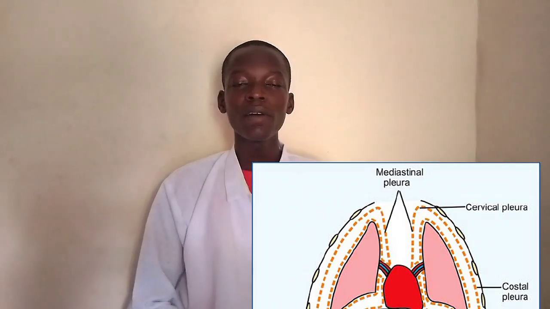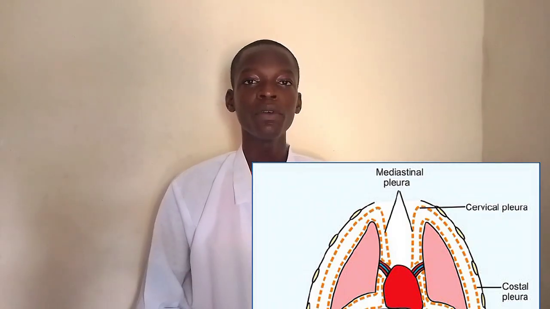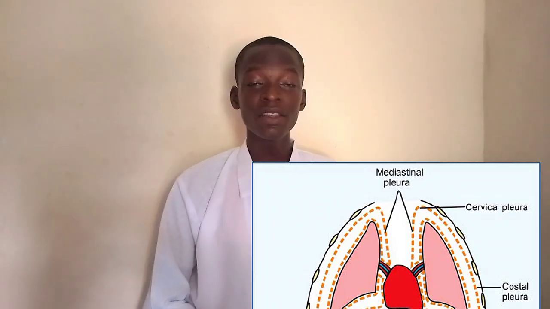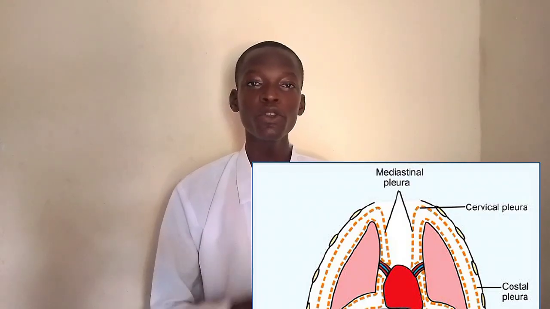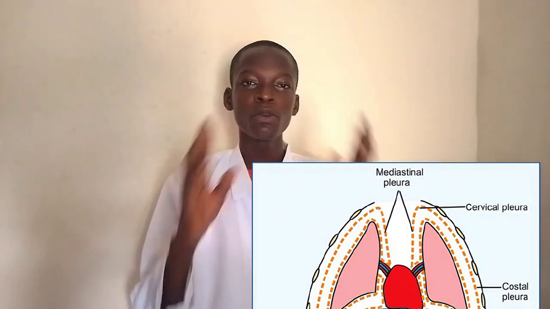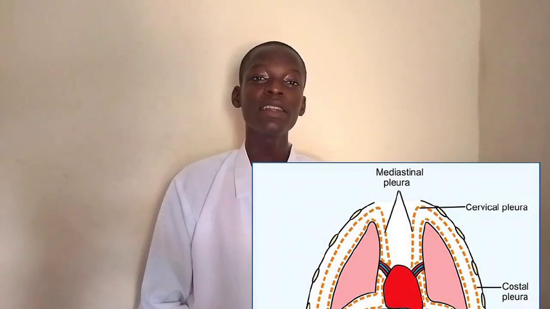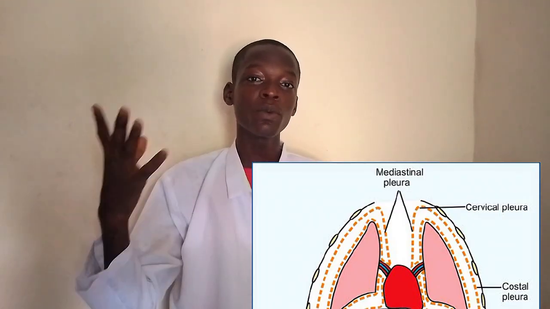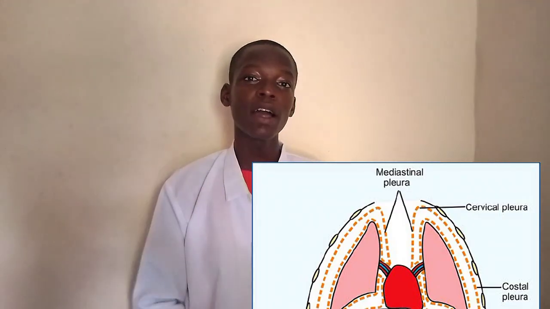Now let's go over to the cervical pleura. The cervical pleura is also known as the cupola. It is surrounded by the suprapleural membrane. I know that the suprapleural membrane forms the diaphragm of the superior thoracic aperture.